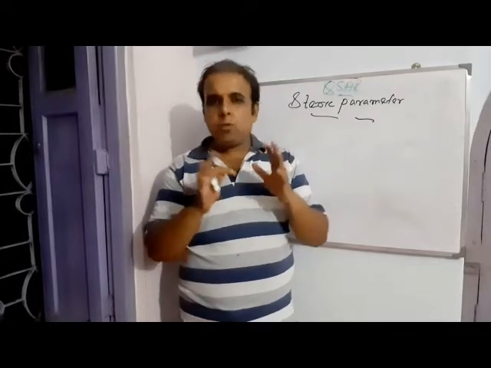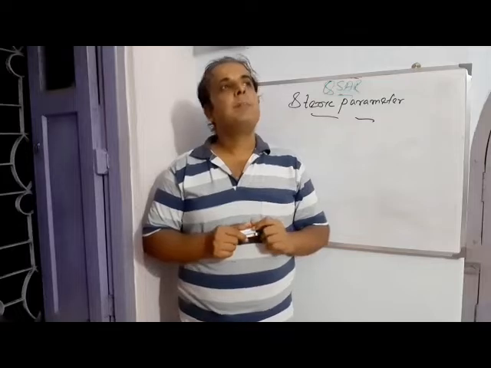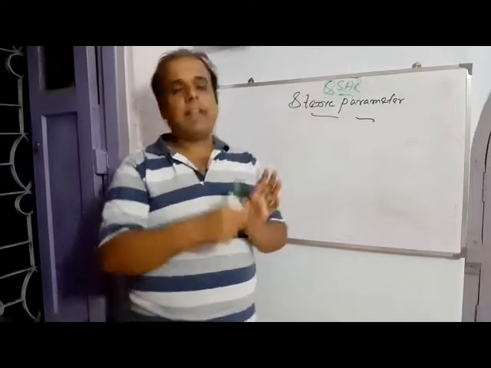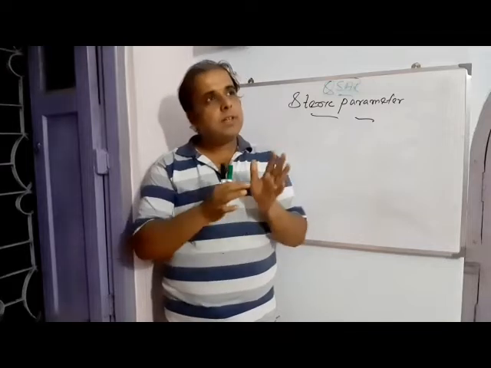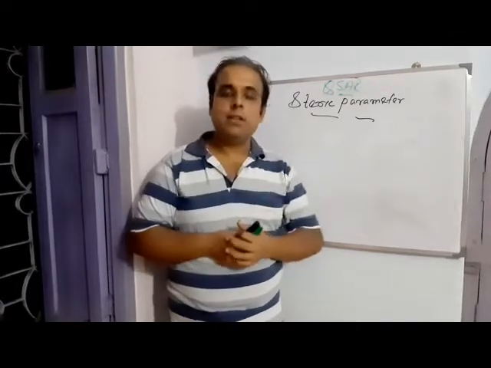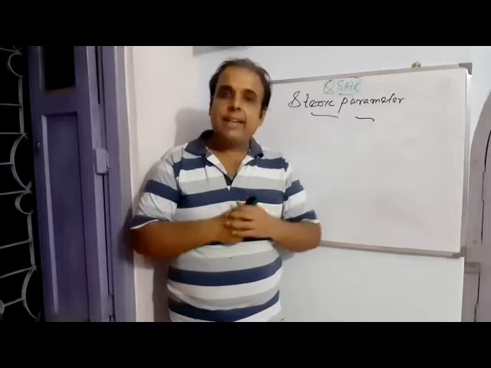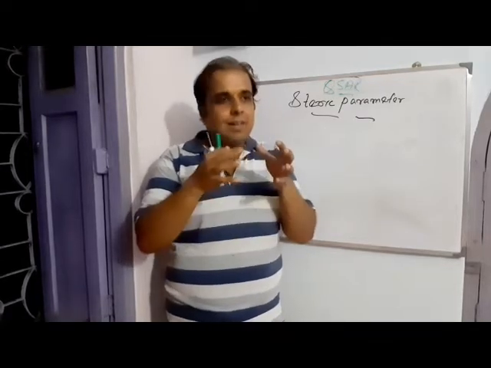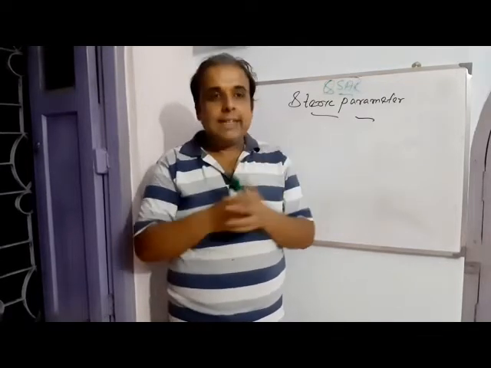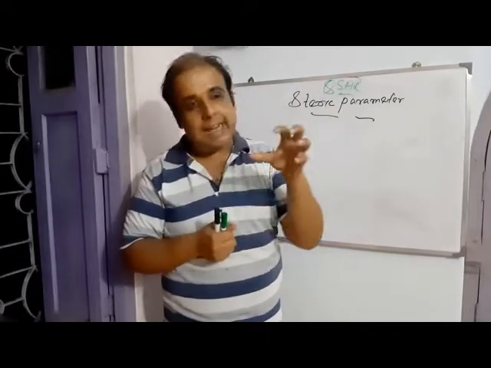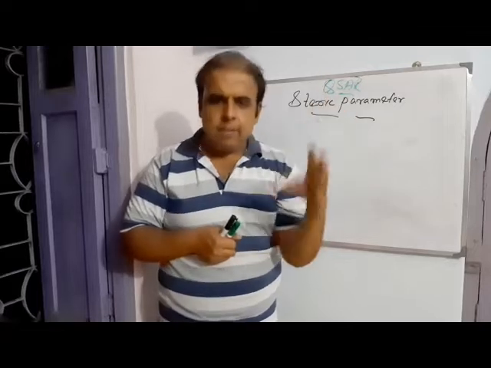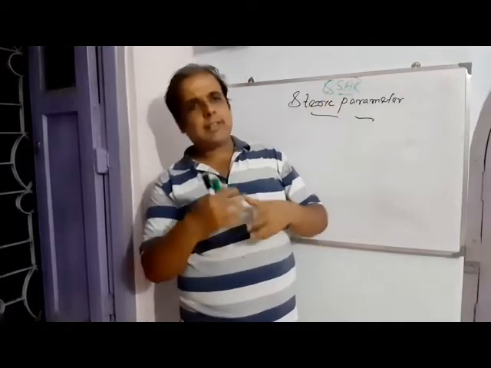And all these things are important because they can influence, or definitely should influence, how the drug approaches the binding site. It is the bulkiness, the shape or the size which determines whether the drug can approach the binding site in an effective manner, or it will get stuck.